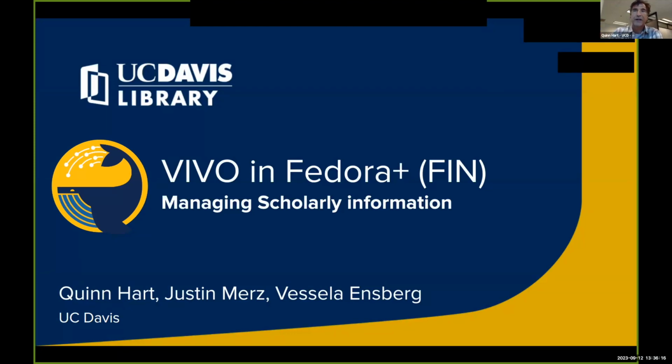And I'm going to talk about a project that's a little bit different than what we've heard about so far, but kind of shows some of the flexibility that we found with the Fedora system. And so I'm going to talk about some aspects where the library here at the University of Davis is looking at moving our research management system, which is kind of a VIVO-based system, into our Fedora implementation, which is what we call Fin.